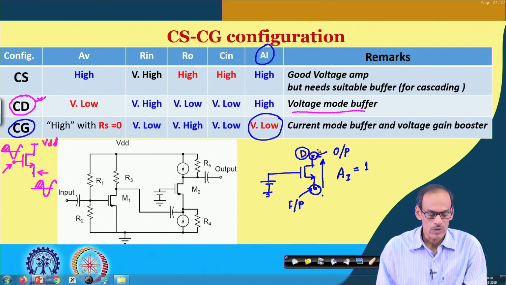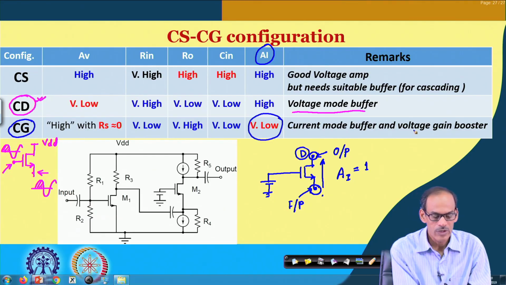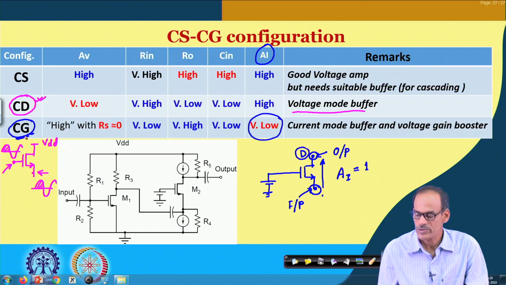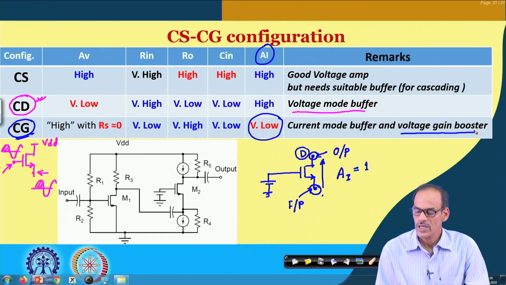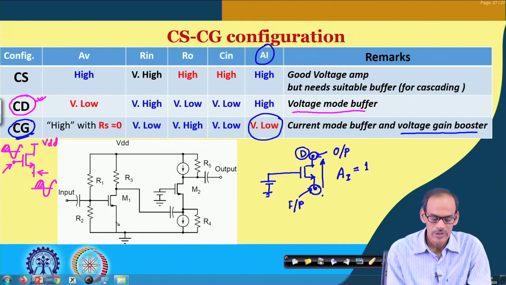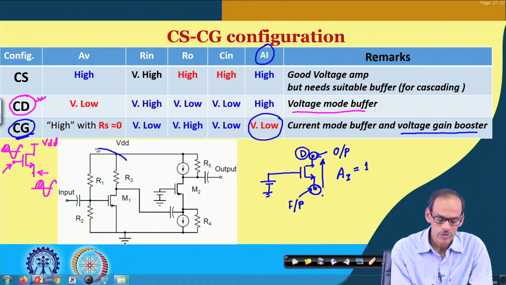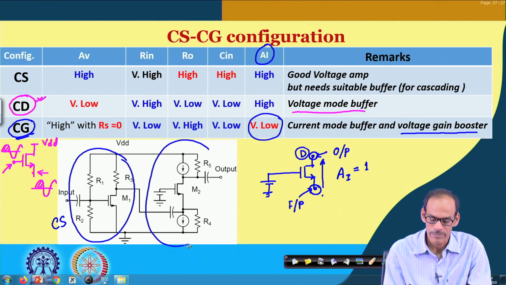Okay. So, now coming to the main discussion: how the common gate amplifier can be used as a voltage gain booster along with the common source amplifier. Here we have the common source stage followed by the common gate stage.